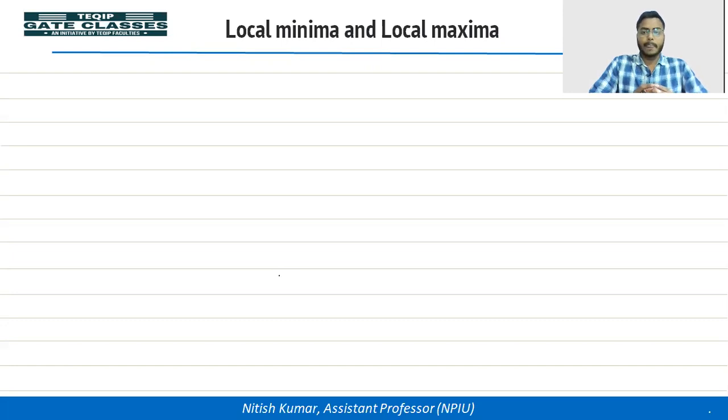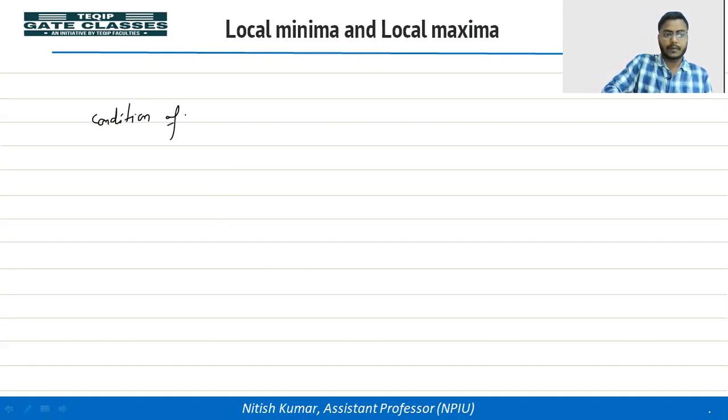Also, I have shown some sufficient conditions for where a function will be maximum and where it will be minimum. So, what was the sufficient condition? Conditions of maxima and minima.